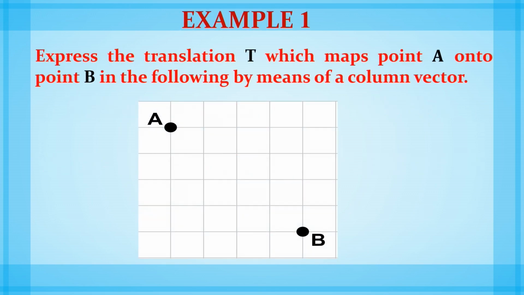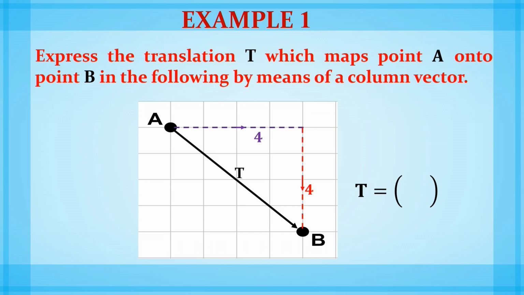In example 1, we have to find the translation vector T which maps point A onto point B. Remember, first we represent the translation T on the grid by a directed line segment from object A to image B. Next, we express the translation vector in column form by considering the horizontal and vertical movements starting from object A, which are 4 units to the right followed by 4 units downwards.